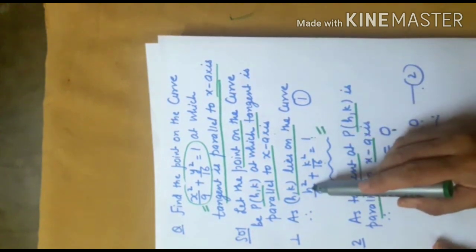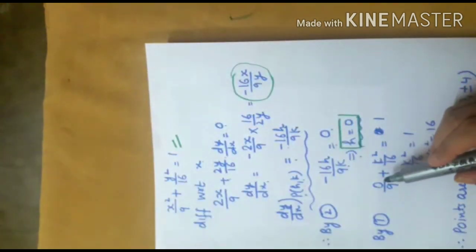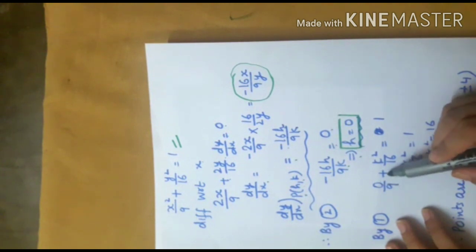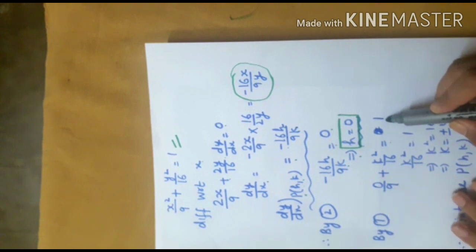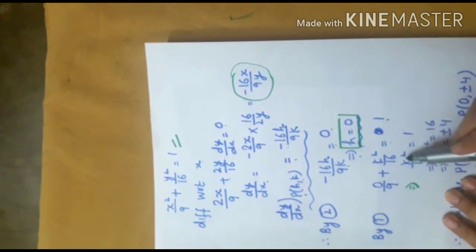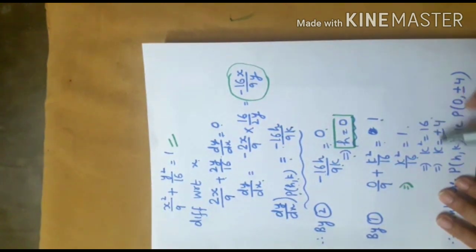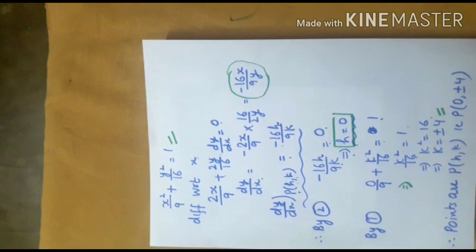So here I'll put the value of h. So I'll get 0 over 9 because h is 0, plus k square over 16 is equal to 1. This would imply k square over 16 is 1. So k square is 16 and that will give you k equals plus minus 4.